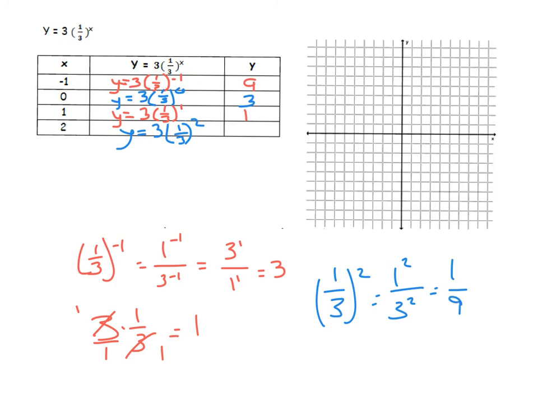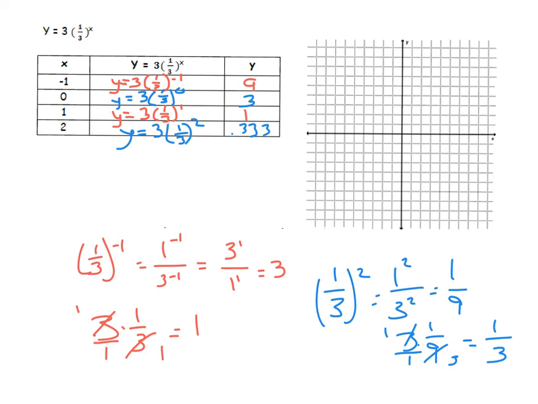So we've got 1/9. Now we have to do 3 times 1/9. So 3 times 1/9, again 3 over 1 is another way of looking at that. So if I divide this by 3 I get 1, and if I divide this by 3 I get 3. So what I get is 1 over 3 when I multiply them. So 1/3 is 0.333.